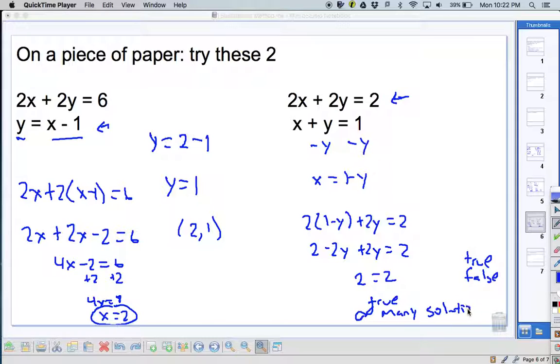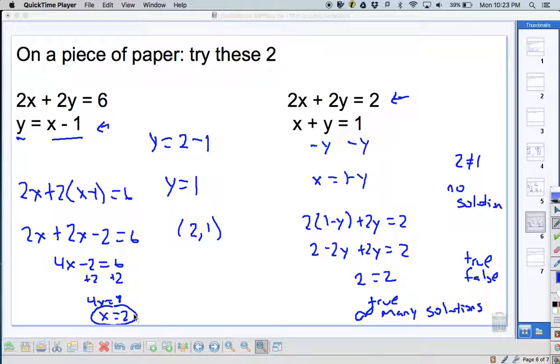This is our case where we have 2 lines that are the same. So anytime you see a true statement here where the x and y's have vanished, your answer should be infinitely many solutions. If by chance you get a false statement, something like 2 equals 1, which is clearly not true, this means that there are no solutions. That would be our case of parallel lines.